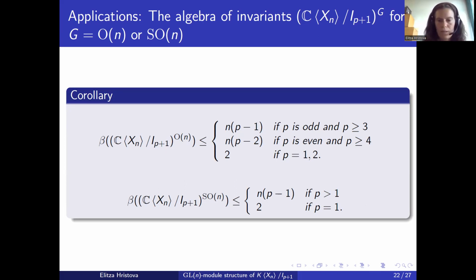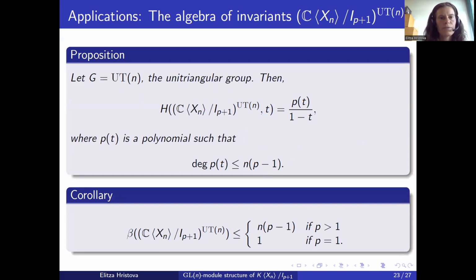Okay, and now a similar statement for the group of upper triangular matrices with ones on the diagonal. In this case, the Hilbert series of the algebra of invariants has this form. The denominator is 1 minus t, and the numerator is a certain polynomial which we don't know, but again we can estimate its degree to be less or equal to n times (p minus 1).